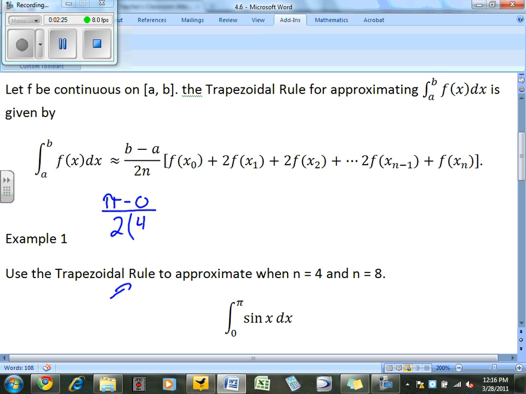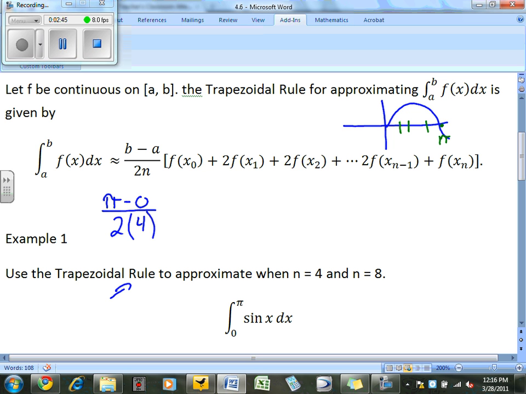We're breaking it up into 4 trapezoids. If you think about our sine graph, going from 0 to pi, we're breaking it up into 4 trapezoids. So 1, 2, 3, there should be 4 trapezoids in there, okay?